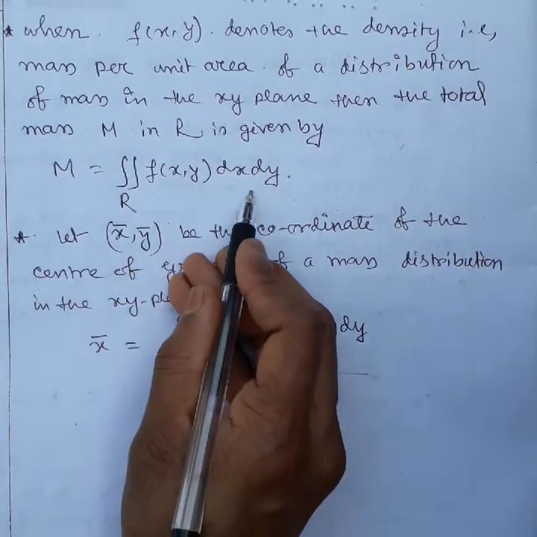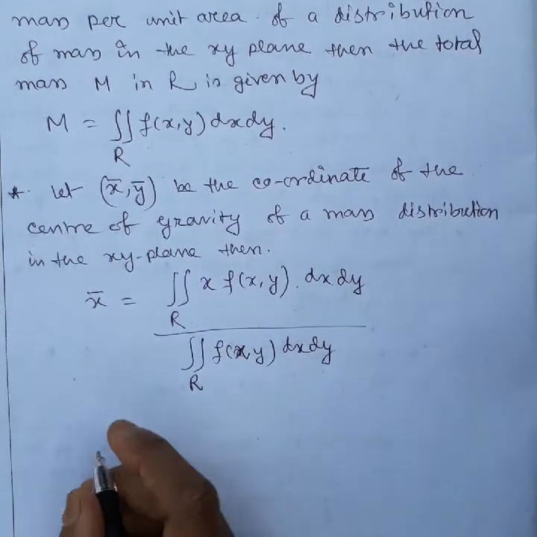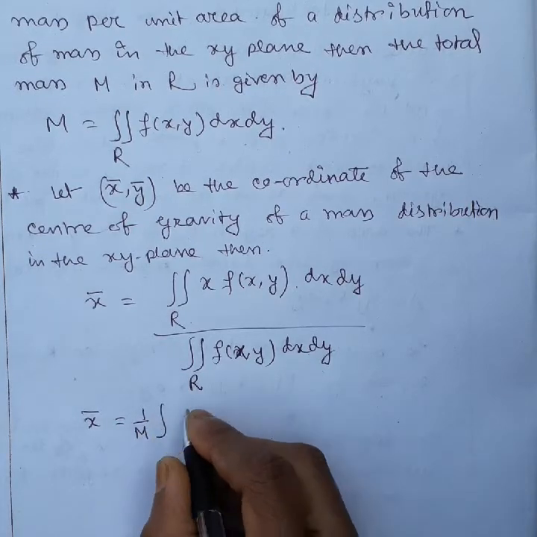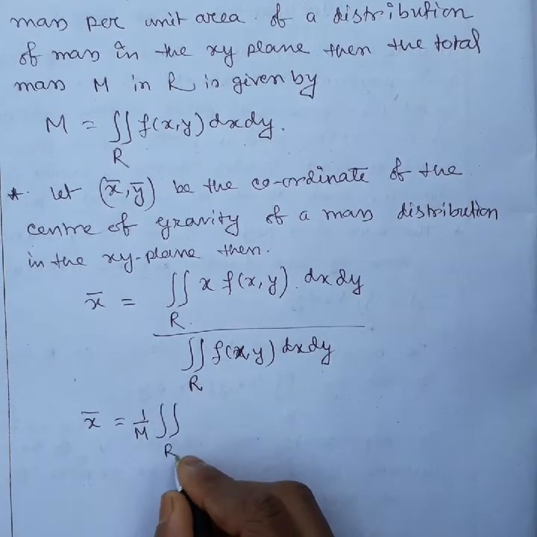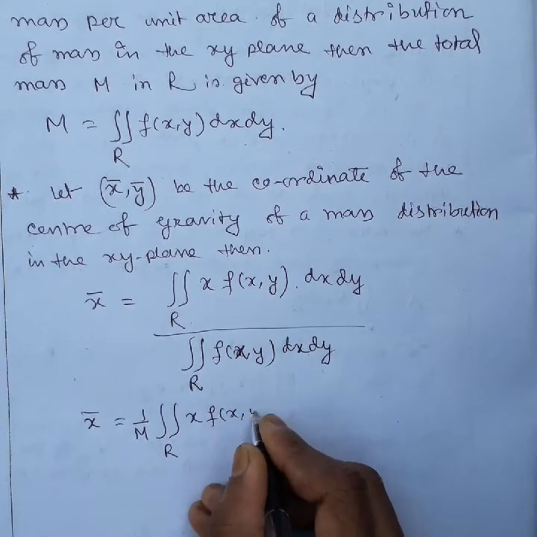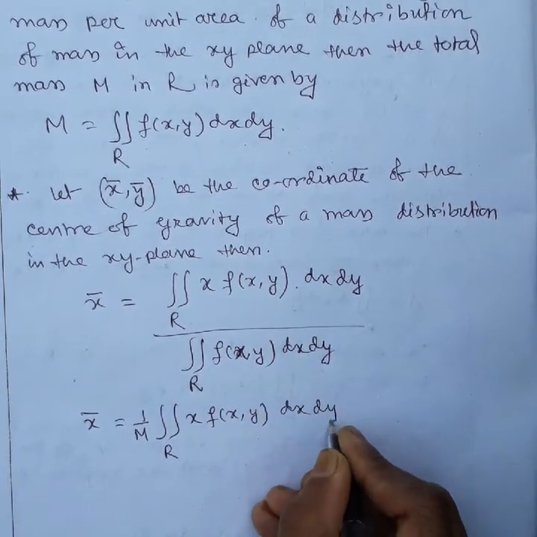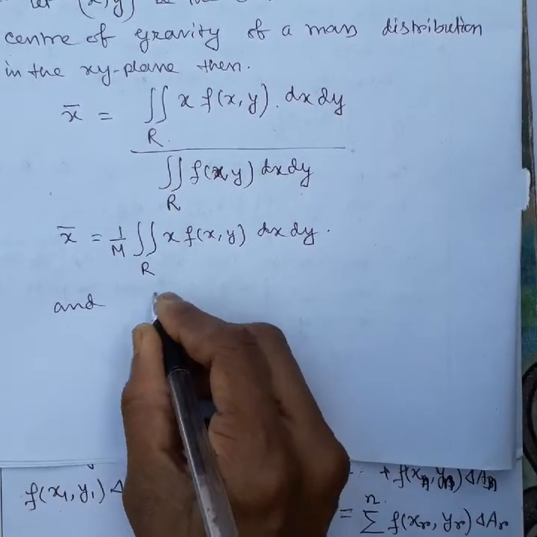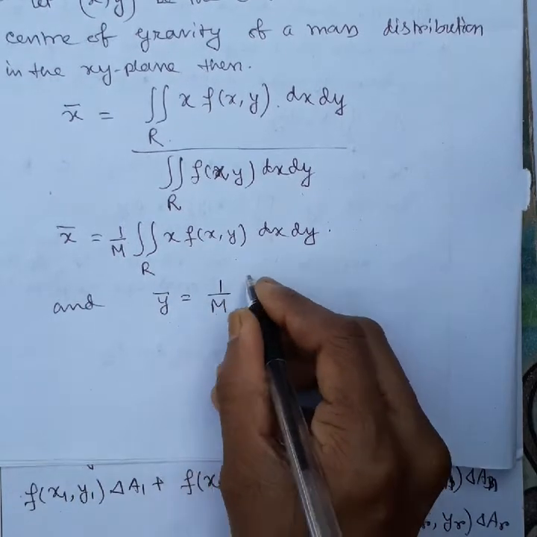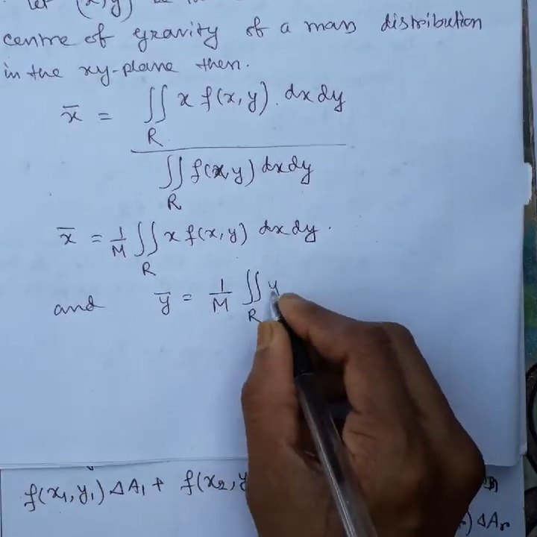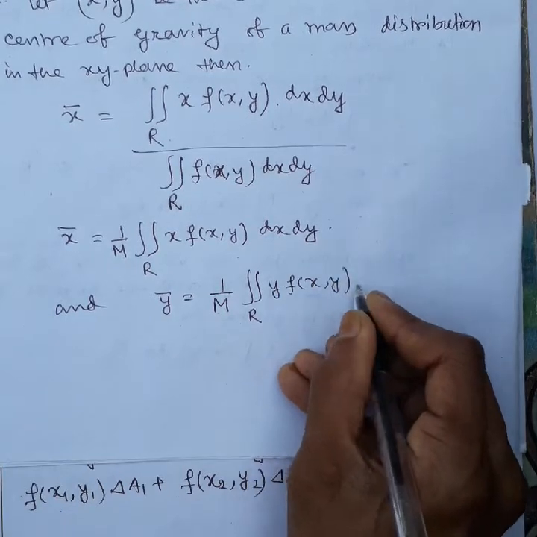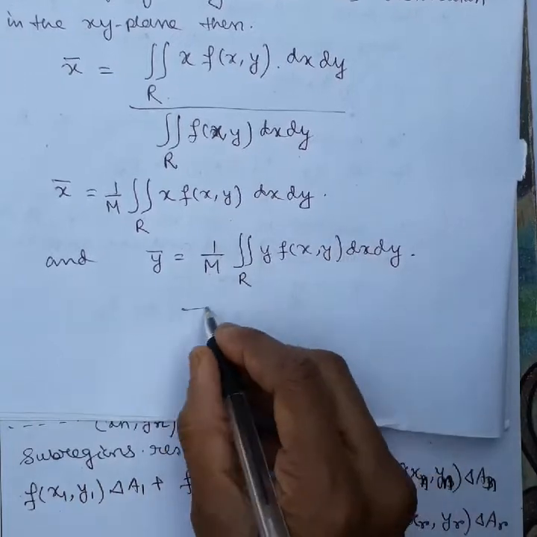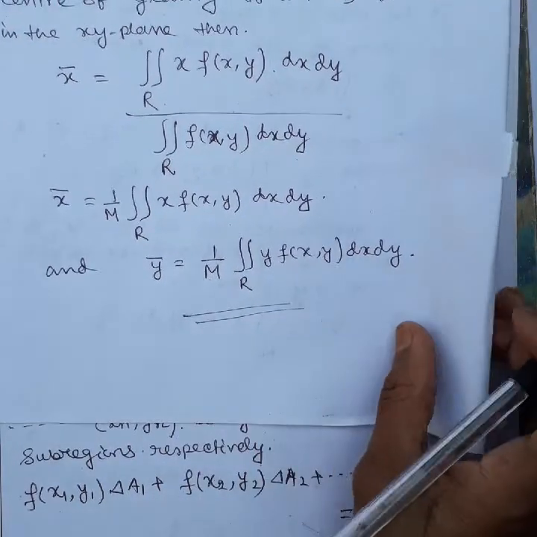This value is equivalent to m, so this x bar is written as 1 by m into double integration over the region R x into f of xy dx dy, and y bar is equal to 1 by m double integration over the region R y into f of xy dx dy. So these are all the formulas.